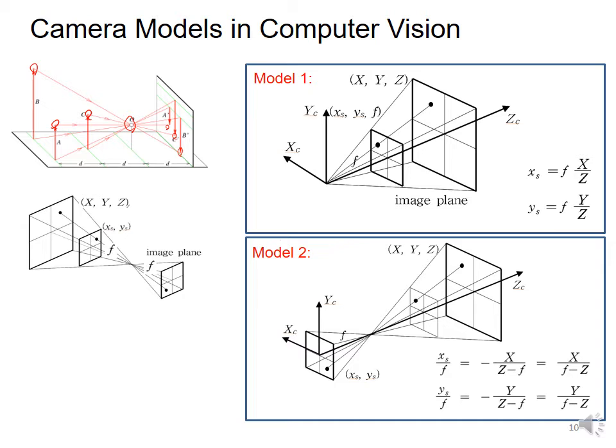So this is a real image plane that is located behind the lens center, but we bring this image plane in front of the lens center. So here is the imaginary virtual image plane. The advantage of the virtual image plane is when we look at the tree like this, the image is not inverted vertically.